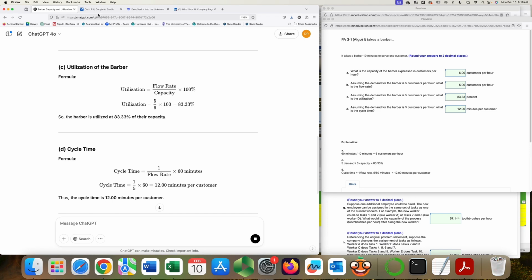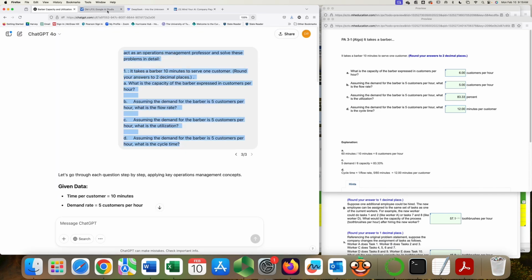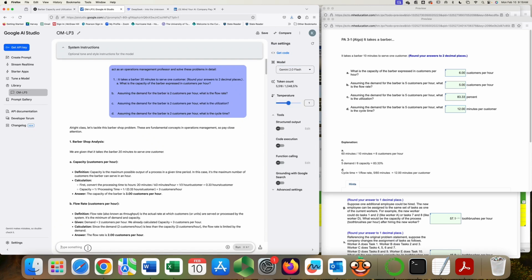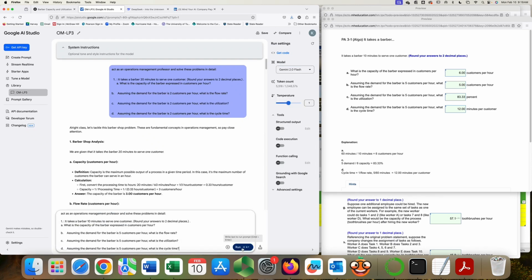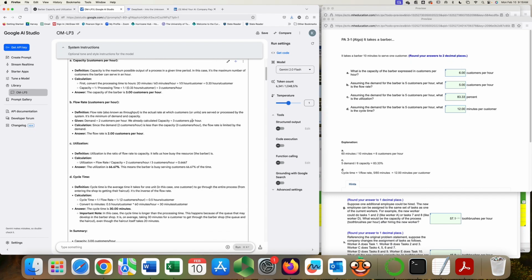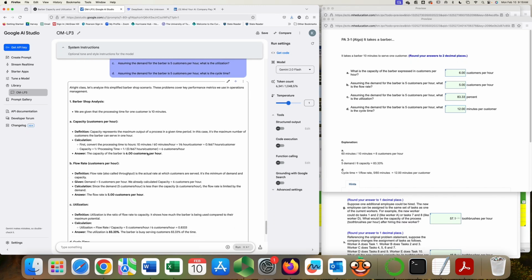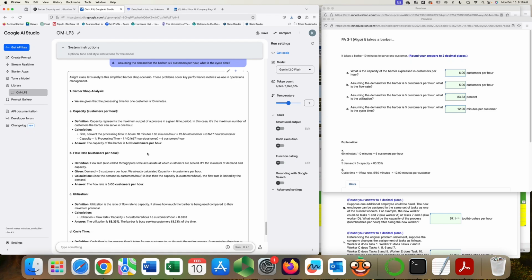Let's move on to the next one, the Google AI. The same prompt, and paste it on Gemini, and then let's run it. I'm using the paid version for ChatGPT as well as the Google AI to experiment with these, and it actually gives more content, it gives details similar to ChatGPT.